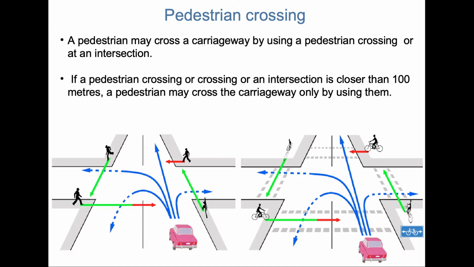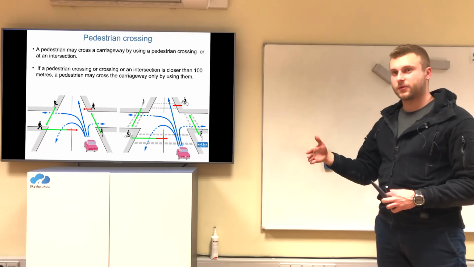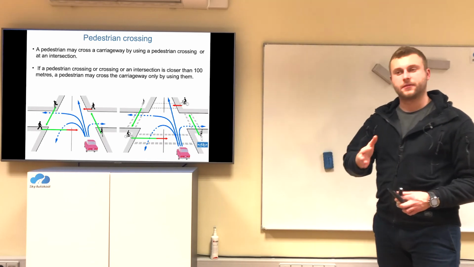If a pedestrian crossing or an intersection is closer than 100 meters, a pedestrian may cross the carriageway only by using them. So if I'm closer than 100 meters to the closest pedestrian crosswalk, I have to go to this pedestrian crosswalk. I cannot just cross the road.